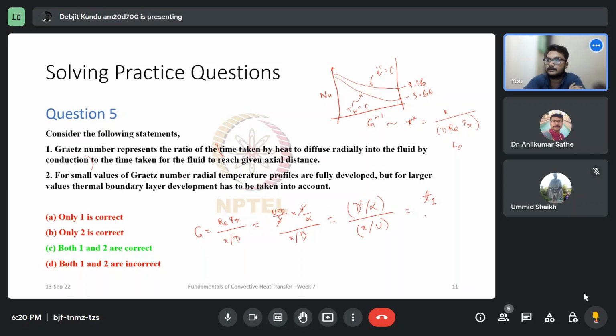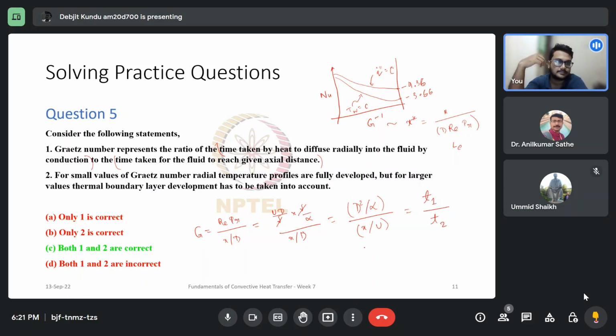And this one, x by U, also has units of time. This is simply distance by speed, which gives us time. This time t2 is nothing but the time taken for the fluid to reach a given axial distance. If the axial distance is x, then how long does it take for one fluid particle to cover the distance x?